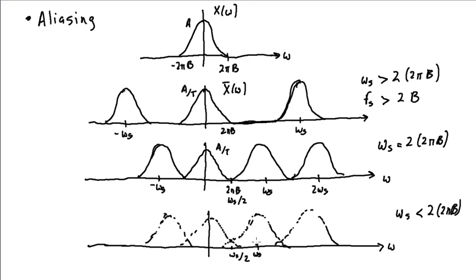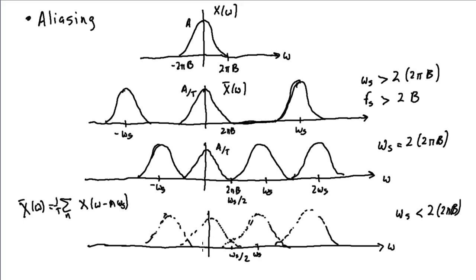Now, the actual spectrum, if you recall, our formula for the spectrum is a 1 over T factor times the sum of these shifted baseband spectra. I've drawn the individual shifted versions. What I actually see is the sum of all of these.